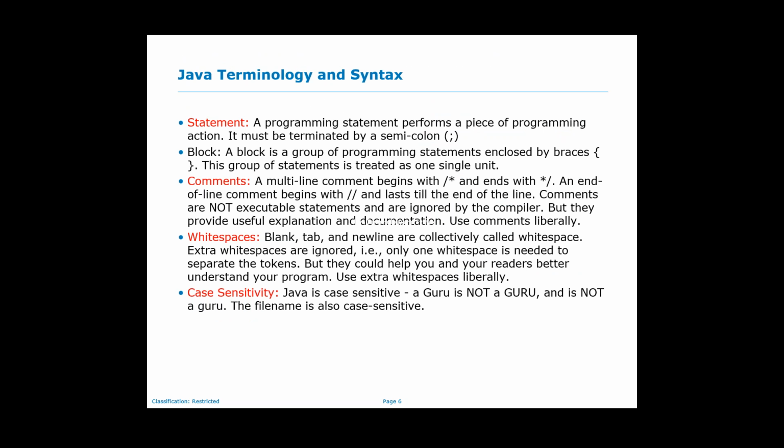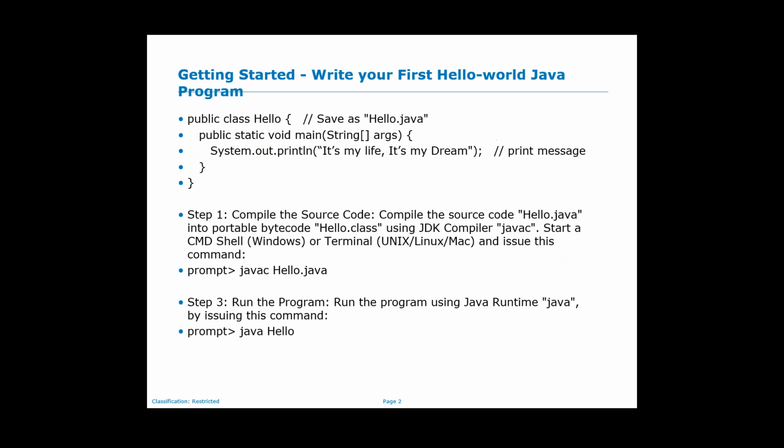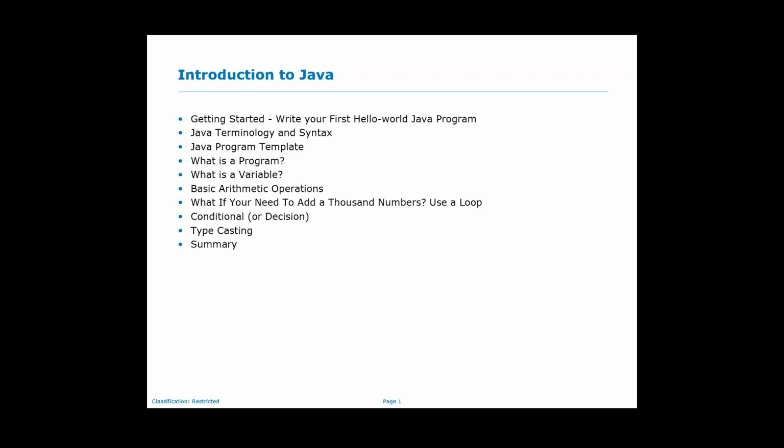Today, on day one of this session, we discussed how to write a basic program in Java, how to compile a .java file, what happens once we compile it, how to run a .class file, why Java is known as a platform independent programming language, so whatever you write in Java can run on any other device, why it is cool, what is a program, what is a variable, what the basic arithmetic operations are, and the use of loops, conditions, and typecasting. You are perfect with this one? Yes.